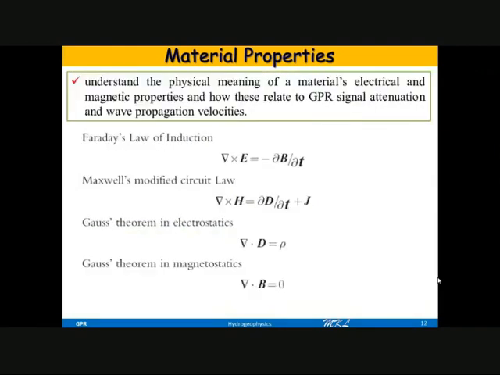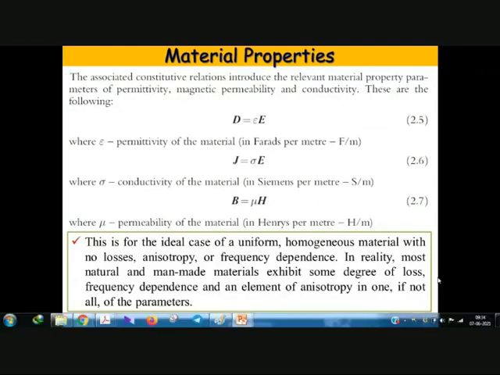From that, I've already discussed that the associated constitutive relationships introduce the relevant material property parameters of permittivity, magnetic permeability, and conductivity. D equals epsilon E, where epsilon is the permittivity of the material, farad per meter.